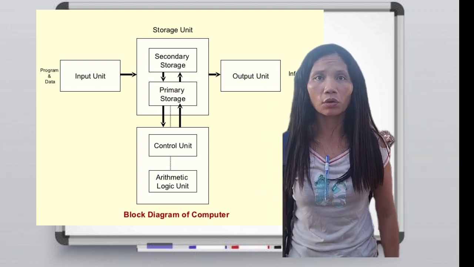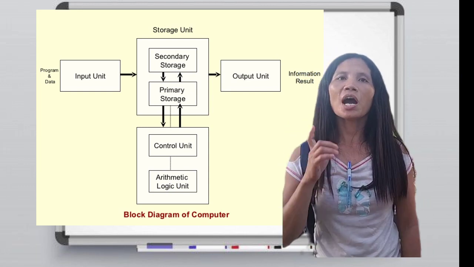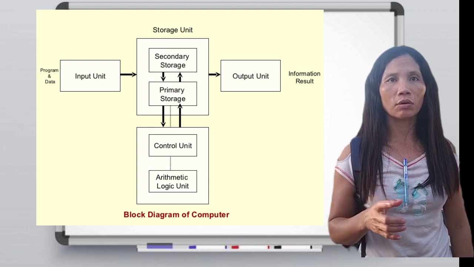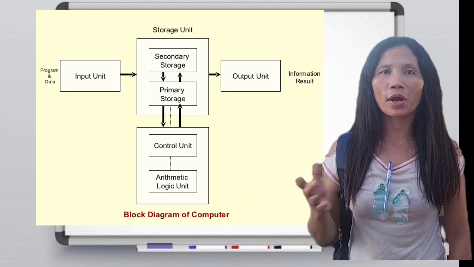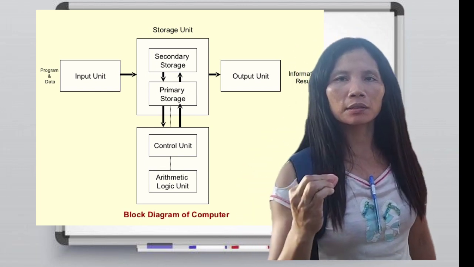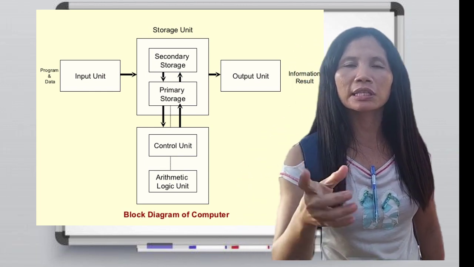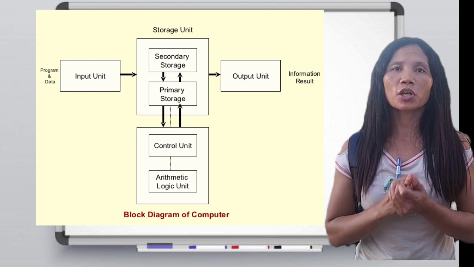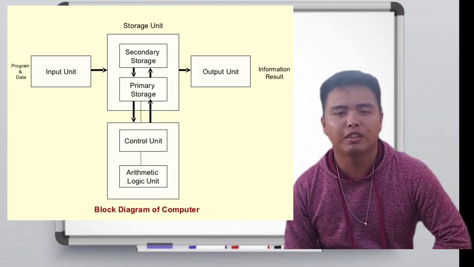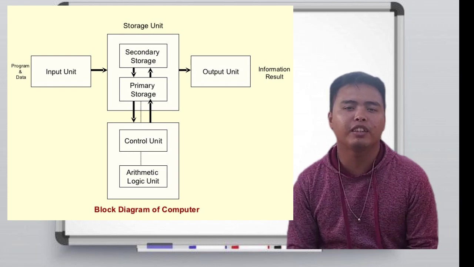Next is the CPU, meaning control unit. It controls all CPU operations, including the arithmetic logic unit. It performs all the functions like addition, subtraction, multiplication, and division. This unit is the CPU or central processing unit.